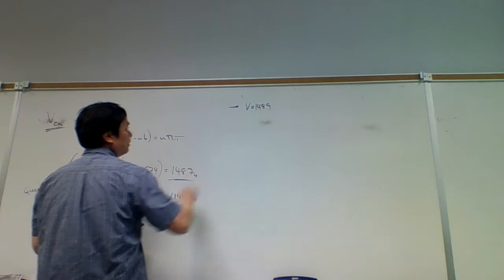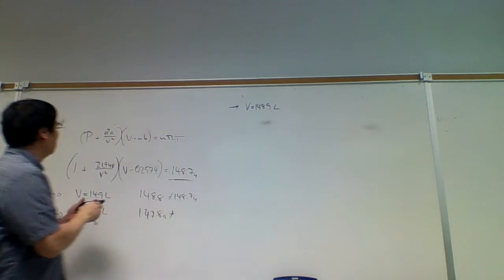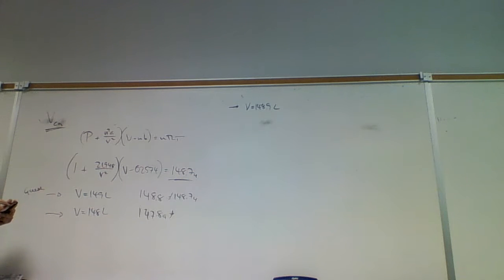Let's try that. So I'll get 21.948 divided by 148.9 squared, plus 1, times 148.9 minus 0.2574.